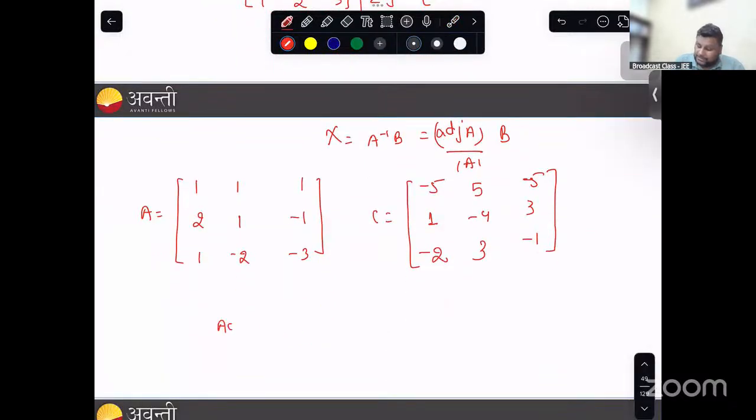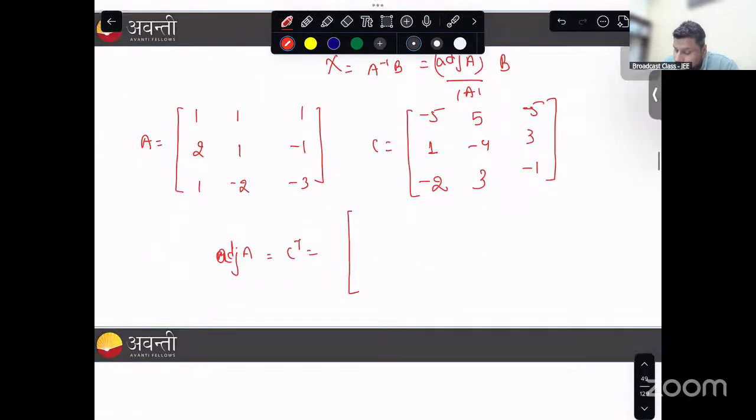Now what is adjoint of A? C transpose. So it is -5 5 -5, 1 -4 3, -2 3 -1. Correct?